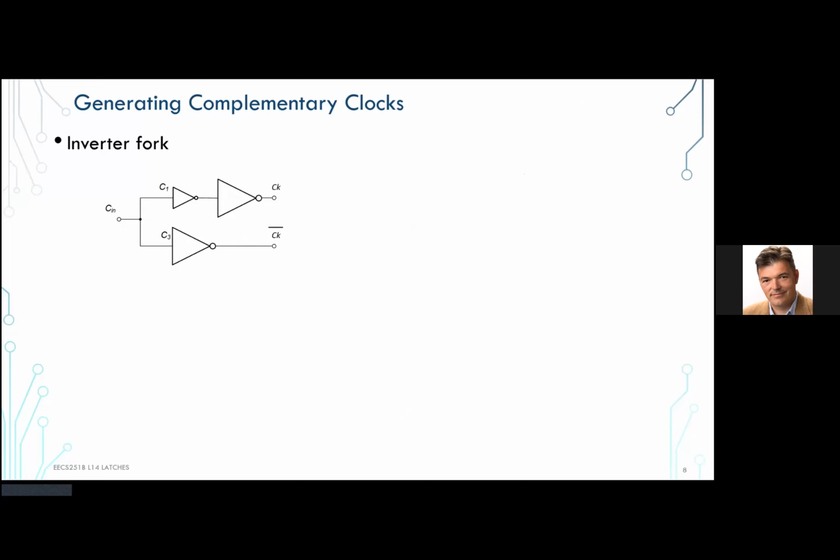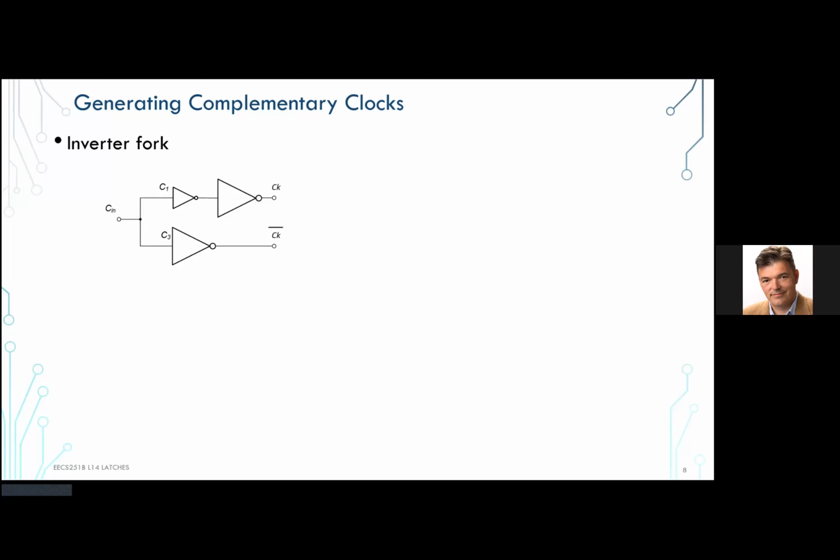So these two things are driving exactly the same capacitive load, CL, and there is some kind of a Cin in here. And that Cin can be broken down to, let's say, Cx and Cin minus Cx.